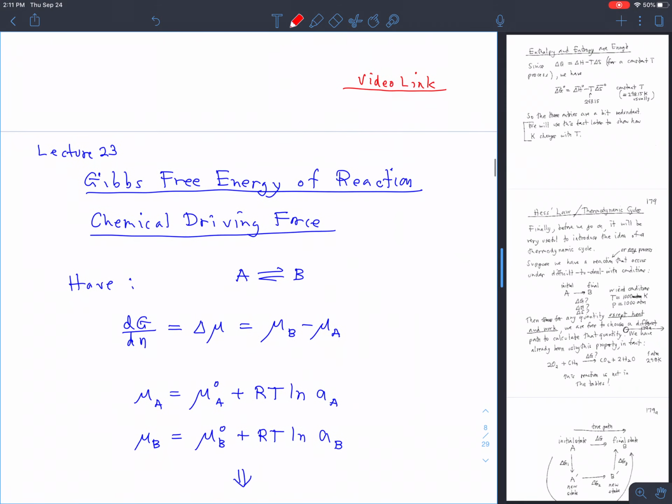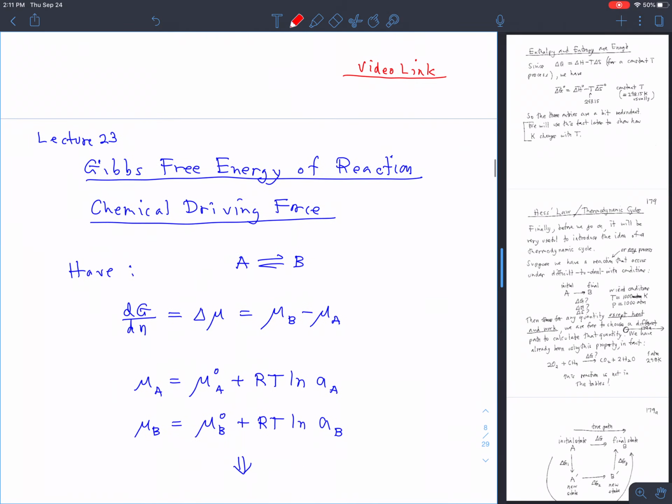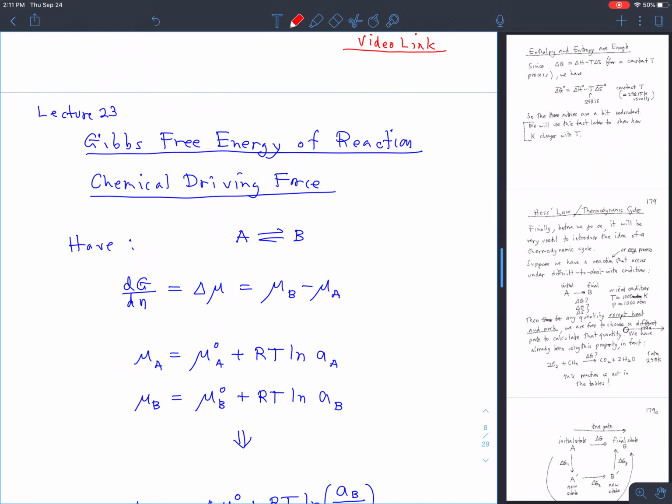All right, this time we're going to apply those two ideas, the difference in chemical potential and our expression for the equation of state for chemical potential.